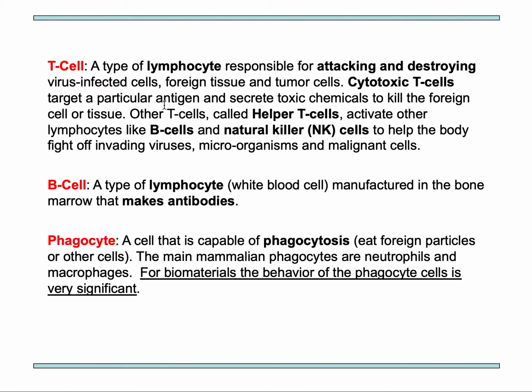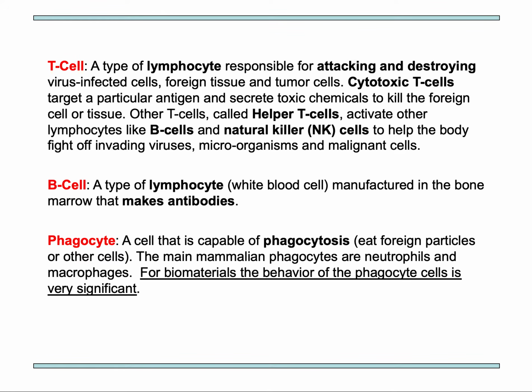Cytotoxic T cells will look for those antigens, and if they find them, they will start secreting toxic chemicals because they recognize that those antigens are foreign, not from our body. And that's how our body distinguishes its own cells and proteins from other proteins. So once those antigens are recognized, cytotoxic T cells will secrete toxins and kill those foreign cells or destroy the tissue.